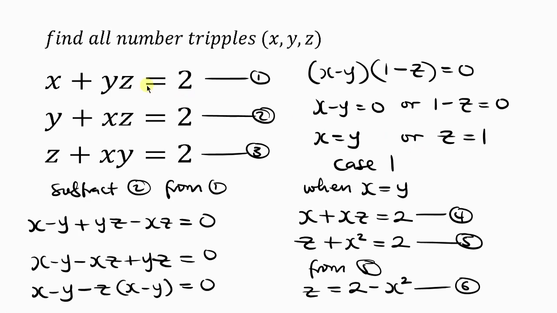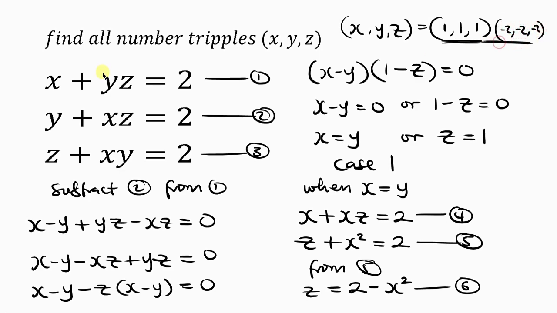So if z is equal to 1, it goes to say that y should also be 1 and x is equal to 1, which means we also have the triple x, y, and z to be equal to 1, 1, 1. So we have this value already, and the other value we got is negative 2, negative 2, negative 2. So these are the triples x, y, and z.